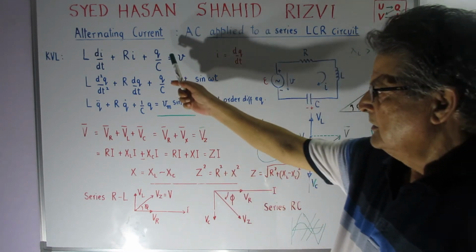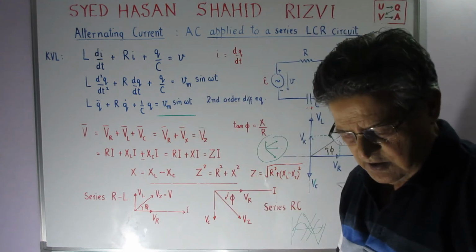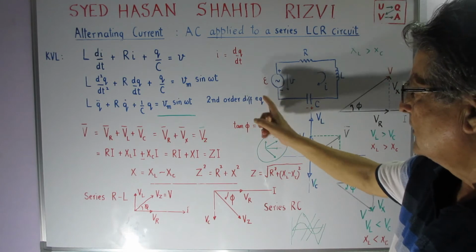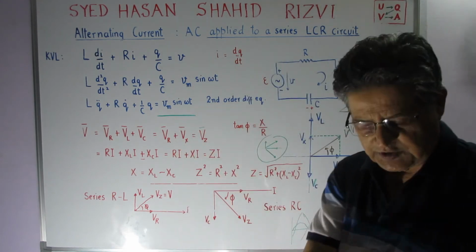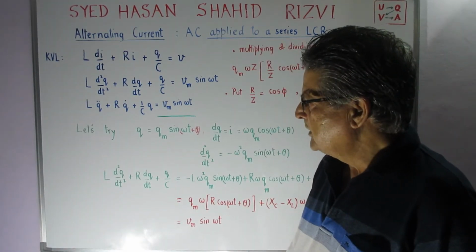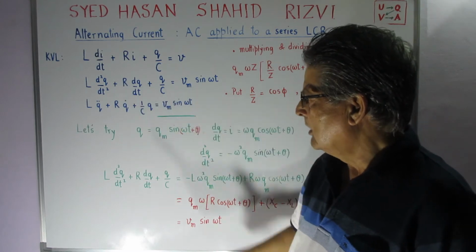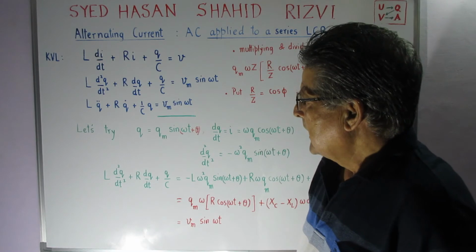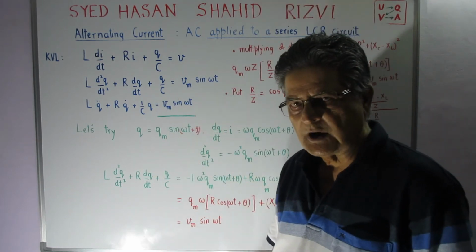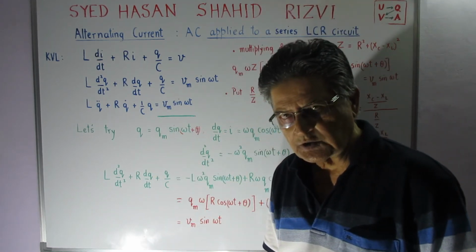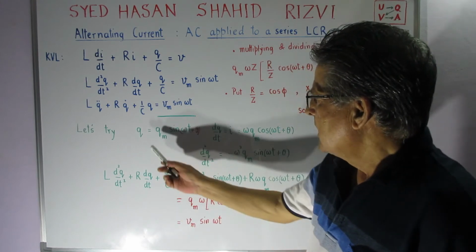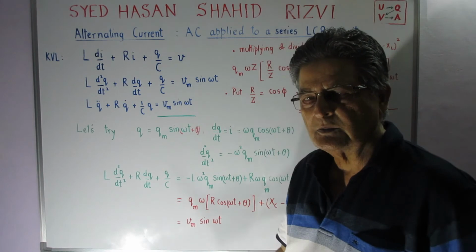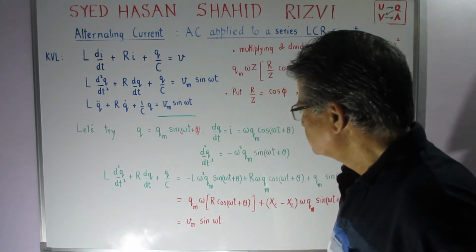Now we will go for this kind of a representation and do it with the help of the solution of the second order differential equation. So stay with me. Let's try an analytical solution of the second order differential equation that we have over here, and let's try like we have done in the case of simple harmonic oscillations. Q is equal to Qm sine of omega t plus theta, where theta is any angle.